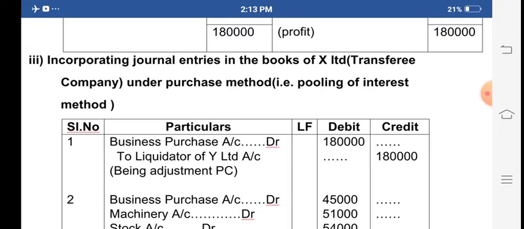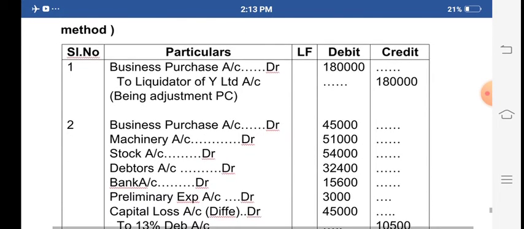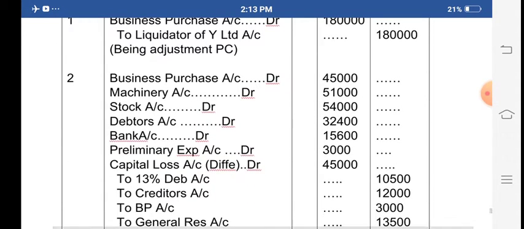Now see the entry number two, according to your format: for incorporation of assets, liabilities and reserves. Whatever the transferor has, all these values we have to take of this Y Limited from the balance sheet. Business purchase account, it is nothing but the building account, debit 45,000.